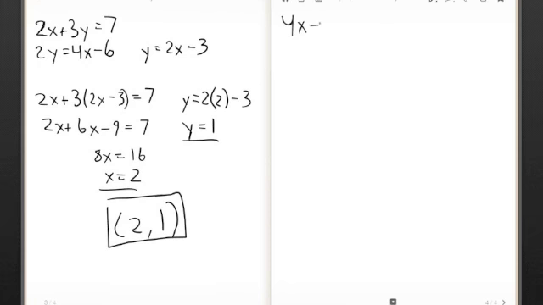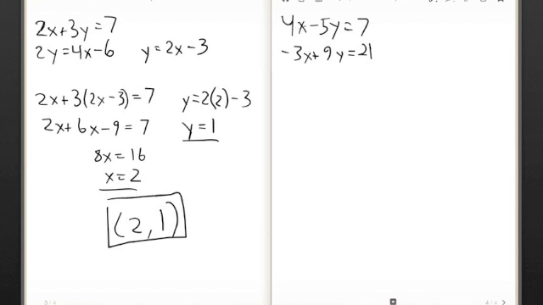Alright, let's do another one like that. Okay, so here we have coefficients in front of everything once again. So how do we decide which equation we want to pick a variable to try to isolate?